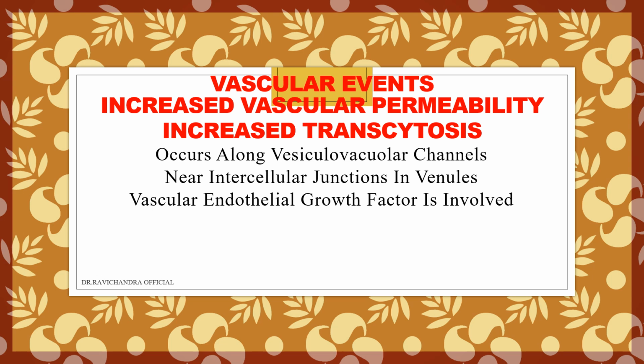Increased transcytosis resulting in increased vascular permeability occurs along the vesiculo-vacuolar channels near the intercellular junctions in venules, and the growth factor that is involved in increased transcytosis is VEGF, vascular endothelial growth factor.